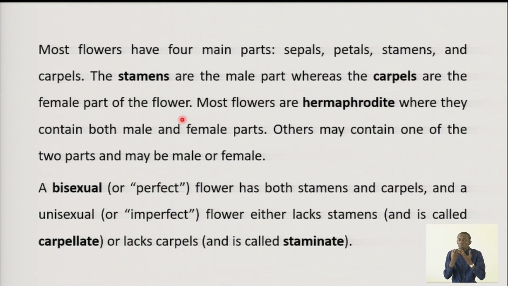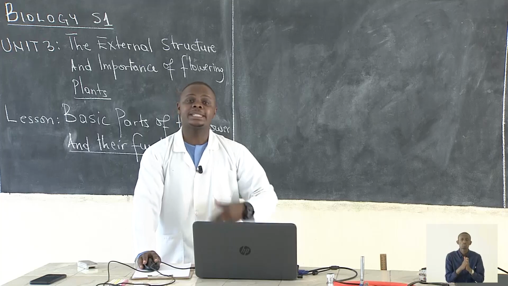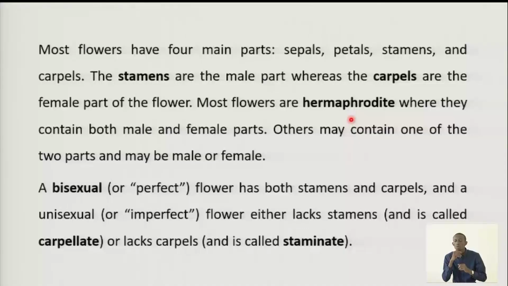And then the flower, which has got both male and female reproductive organs, we call it hermaphrodite because it has got male parts and female parts. Others may contain one of them, male parts or female parts.